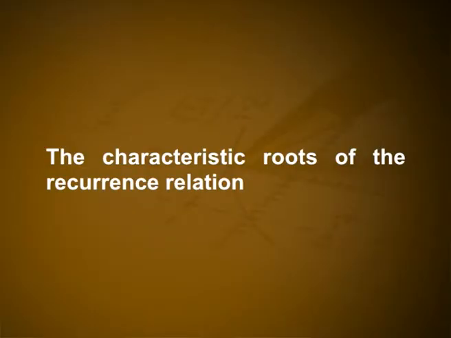Consequently, the sequence a_n is equal to r raised to n is a solution if and only if r is a solution of this last equation, which is called the characteristic equation of the recurrence relation. The solutions of this equation are called the characteristic roots of the recurrence relation.